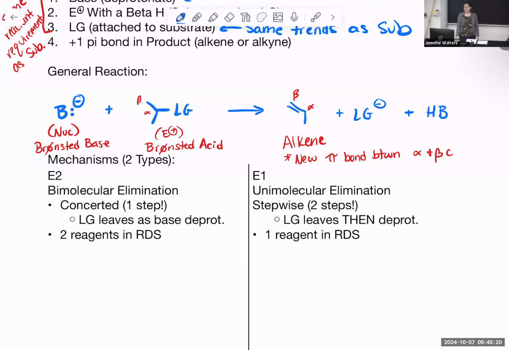So what that means is that E2 is one step because both compounds are involved in the slow step. So E2, that bimolecular, is because there are two reagents in the rate determining step. E2 is one step. It is concerted. It will generally compete with SN2.